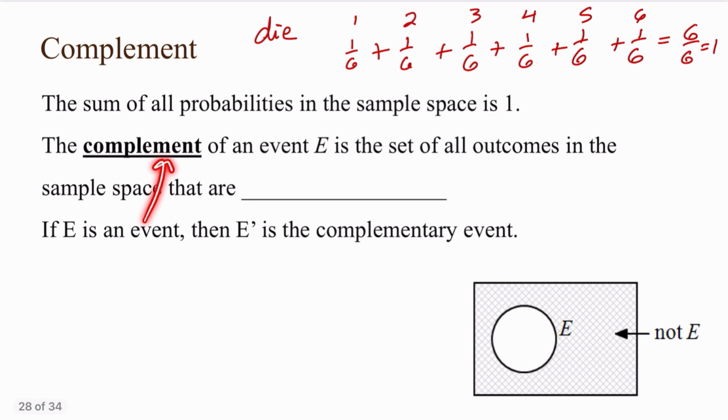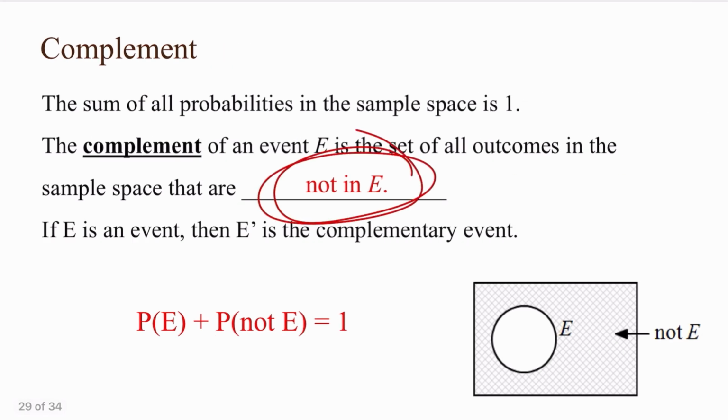So the complement of an event, notice the spelling here is with the E, of an event E is the set of all outcomes in the sample space that are not in E. So if E is an event, then E with the apostrophe, we can say E prime, or not E, however you want to read that, is the complementary event. So here we can see that the probability of E plus the probability of not E is equal to 1.